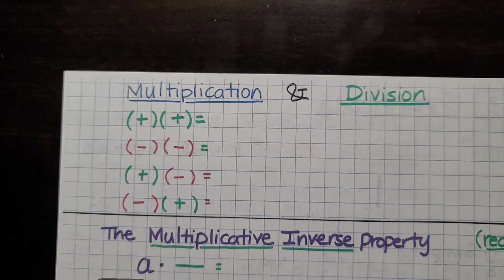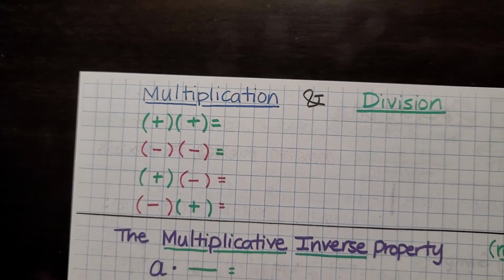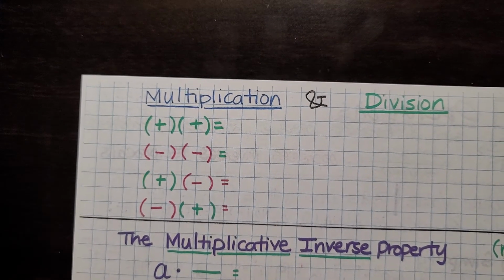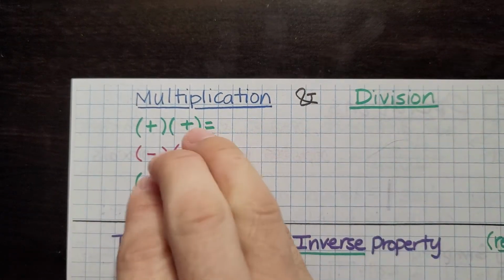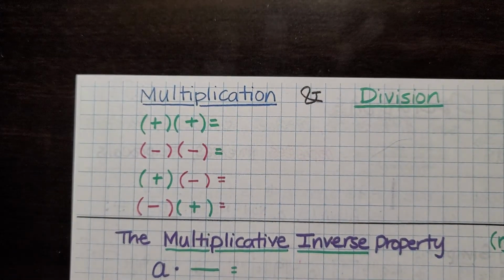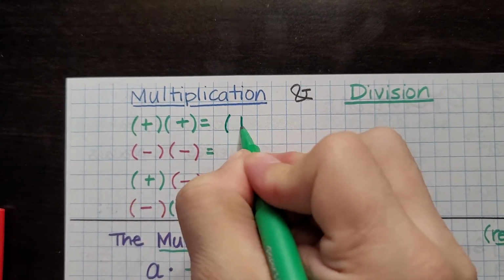All right. Last thing I want to wrap up this lesson with is they have a whole bunch of ways of saying these. When you're dealing with multiplication or division, here are the rules. Very simple, very easy. A positive times a positive equals a positive.